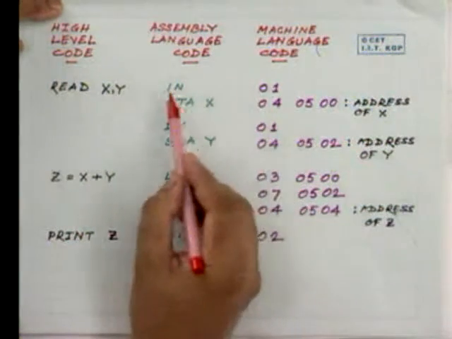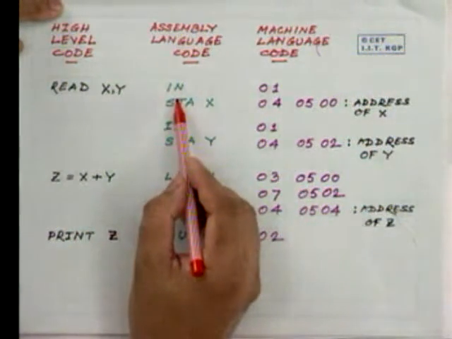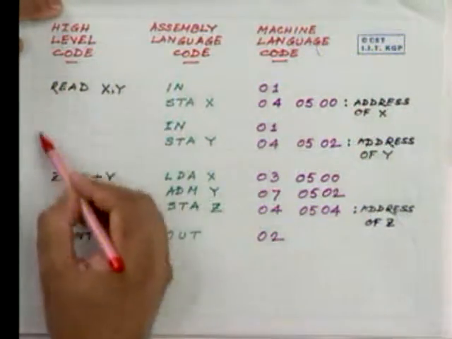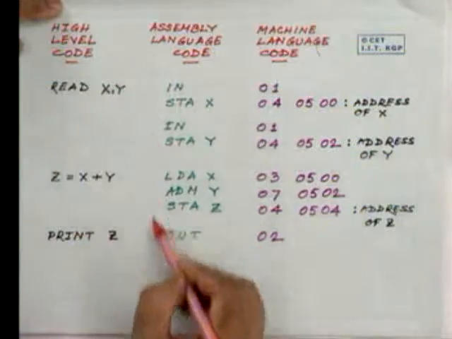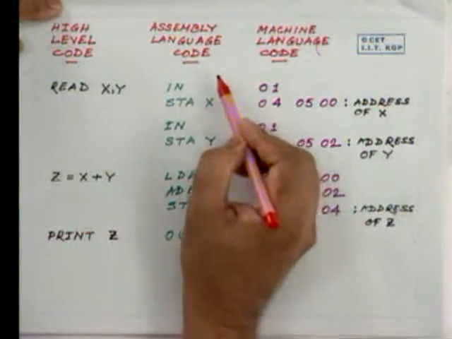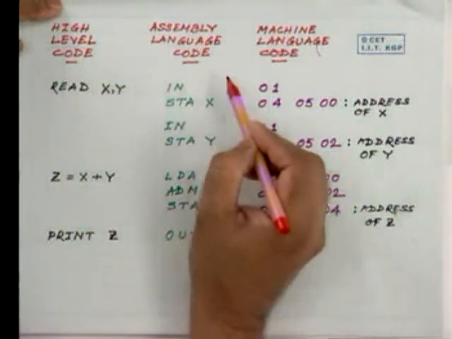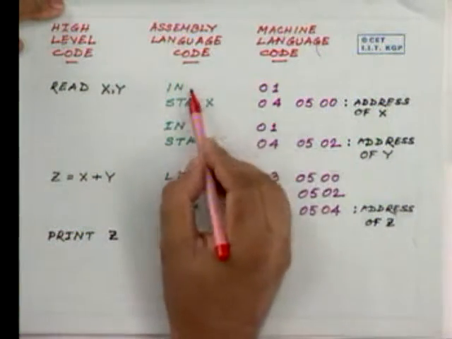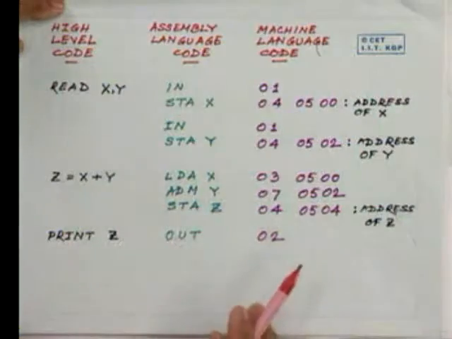Correspondingly we have an assembly language. This is for human consumption. For example, this is for human use. This is also for ease of writing programs in almost machine language. We call it assembly language. There is a one-to-one correspondence between an assembly language statement and a machine language statement.